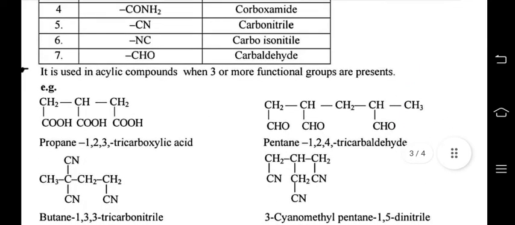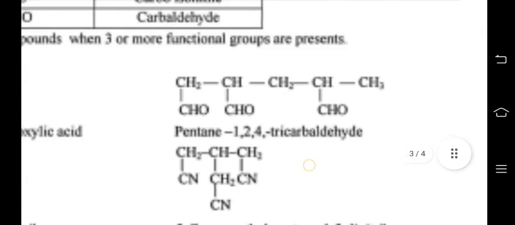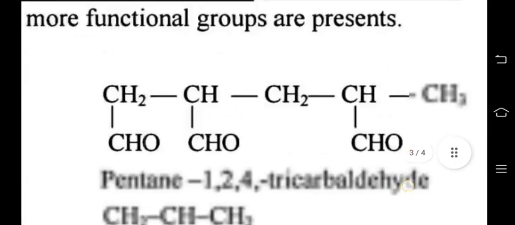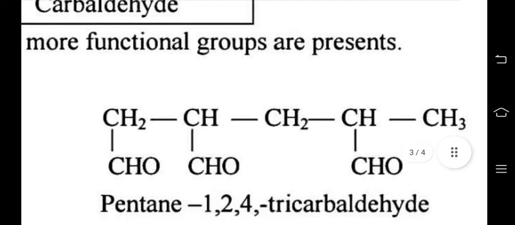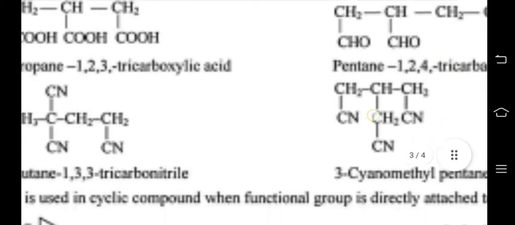Here are some examples, where 3 aldehyde functional groups are here. In this case the longest continuous chain has 5 carbon atoms, so it is pentane. And the aldehyde group is attached at the 1, 2 and 4 position, so it is written as 1,2,4-tricarbaldehyde. Tricarbaldehyde in special cases.